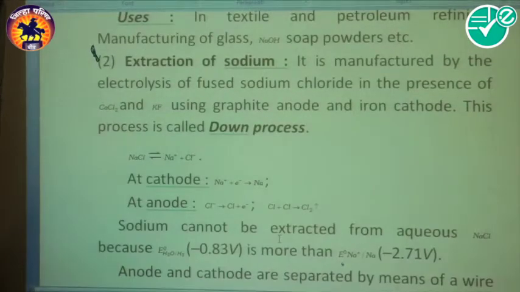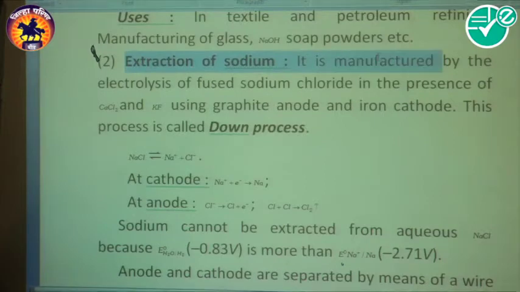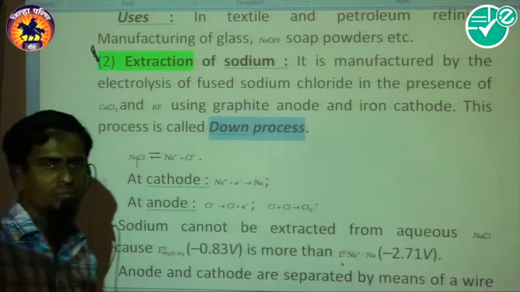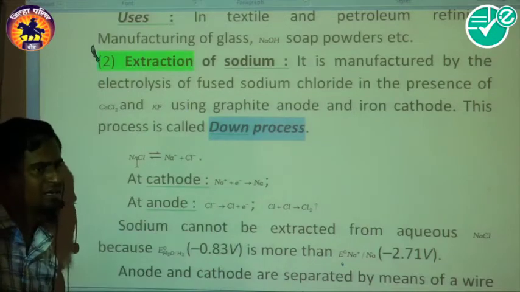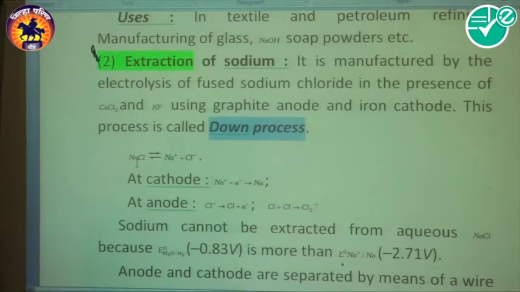Extraction of sodium is done by the Downs process. It is an electrolytic process. When you do the electrolysis of pure molten NaCl, you obtain sodium at the cathode and chlorine at the anode.